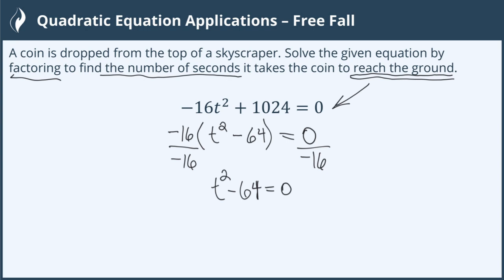So now we are looking at a perfect square binomial, meaning t squared is a perfect square because t times t gives you t squared. 64 is a perfect square because 8 times 8 gives you 64. But remember, it's a difference of perfect squares because of the minus sign in the middle. So remember, this should be written as t minus 8, t plus 8.